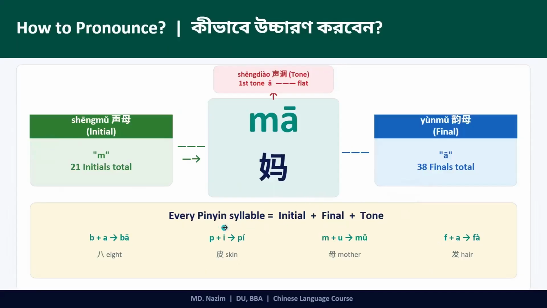So every pinyin syllable in Chinese is formed with an initial, a final, and a tone.